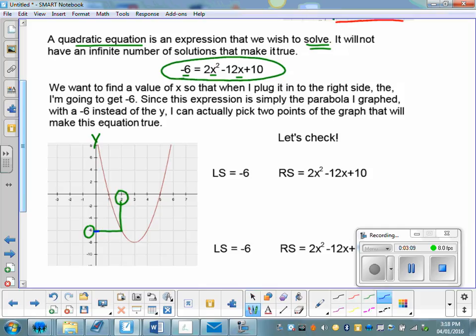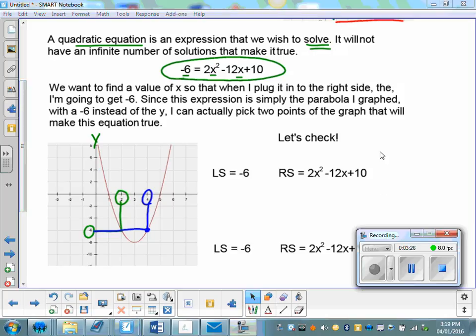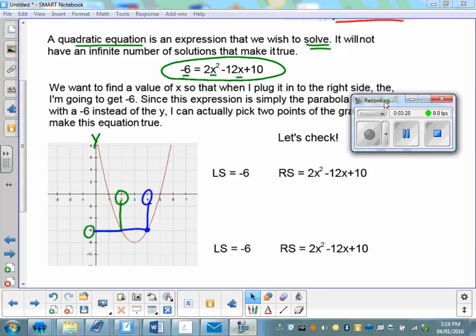And if I went across, because it actually hits -6 at 2 points in that parabola, 4 would also give me -6 if I put 4 in for the x in that equation. So let's take a look at this.